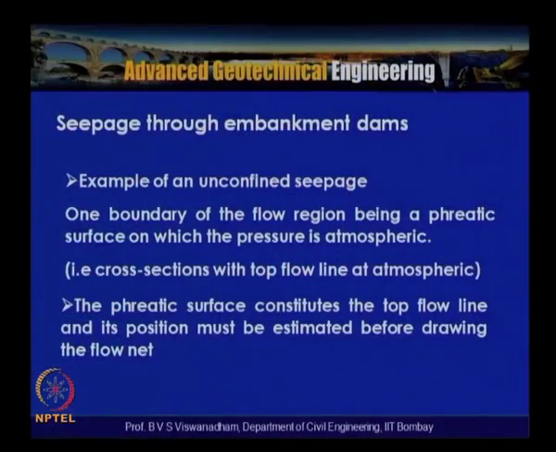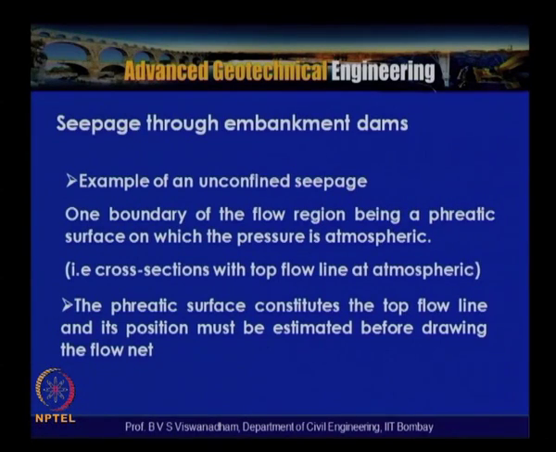An example of unconfined seepage is one where a boundary of the flow region is a phreatic surface on which the pressure is atmospheric. So the top flow line is at atmospheric pressure, and because of this the condition is referred to as unconfined seepage. Seepage through embankment dams is an example of the unconfined seepage condition.